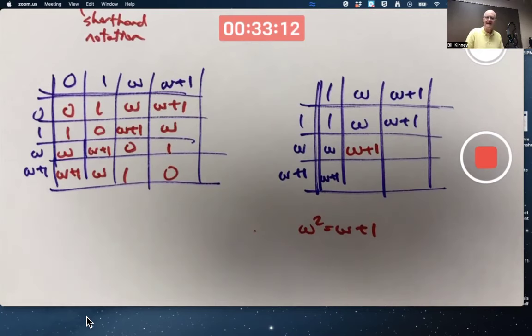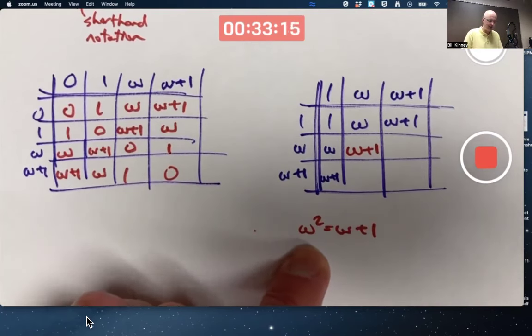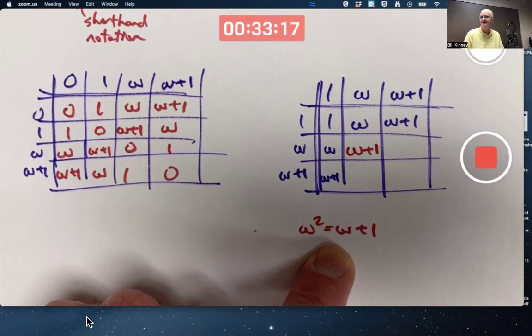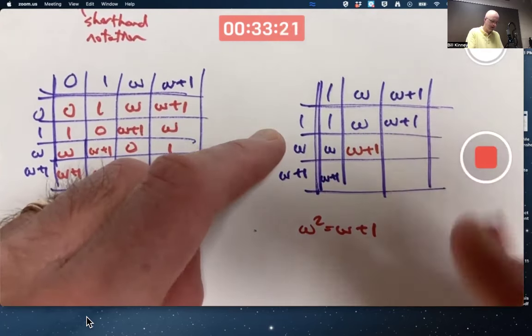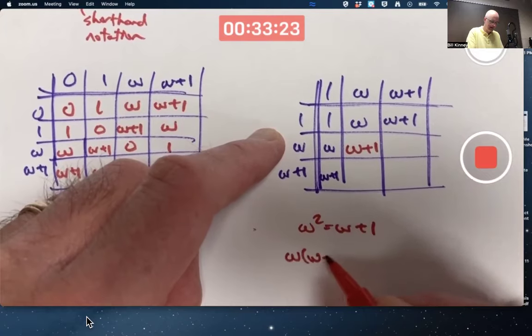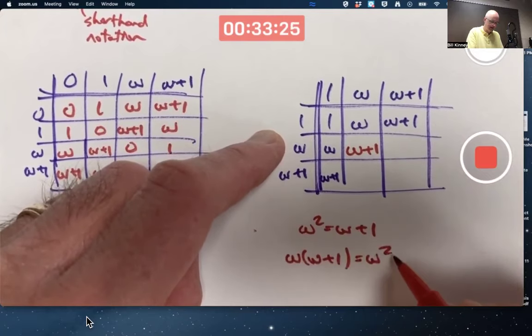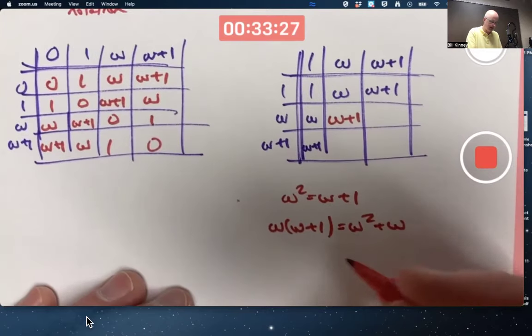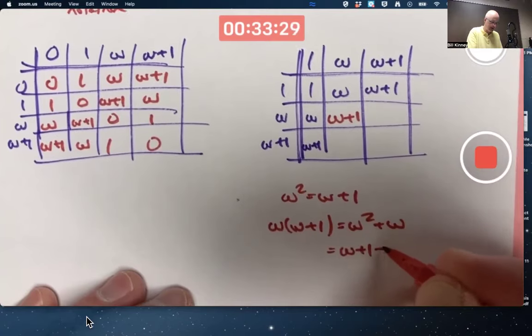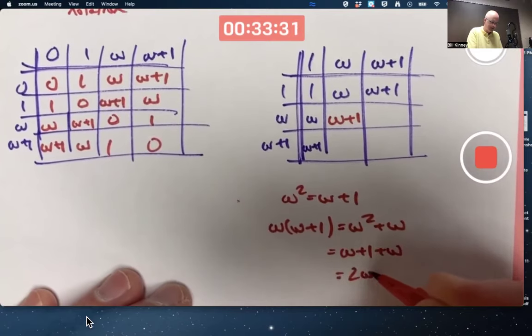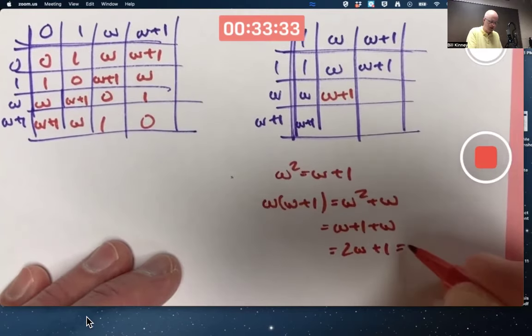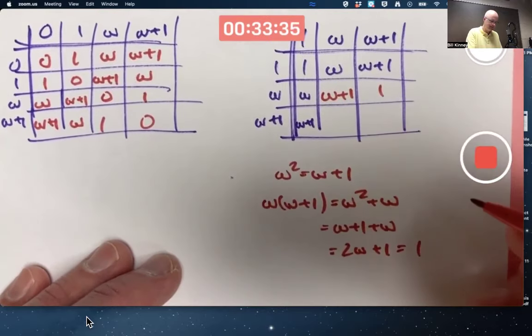But I could think of this abstractly and just effectively define omega squared to be omega plus 1. And omega times omega plus 1 is omega squared plus omega, but omega squared can get replaced with omega plus 1. Mod the coefficients by 2 and get 1. That's a 1.